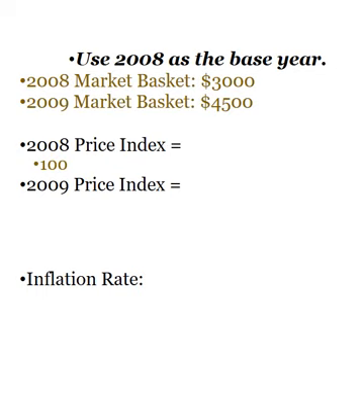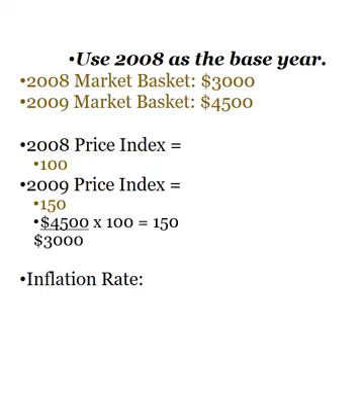Go ahead and solve for the 2009 price index using the equation above. The price index will be 150. How we got that is $4,500 divided by $3,000 times 100 equals 150.